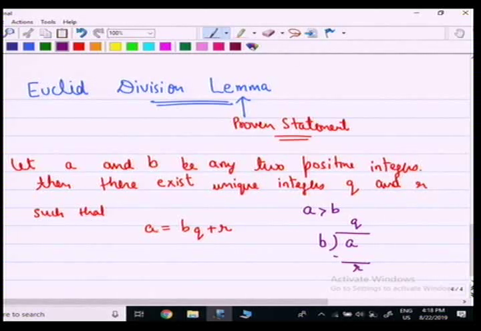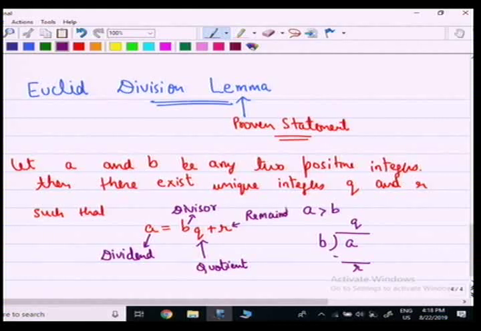When we write A is equal to BQ plus R, A is called the dividend, B is called the divisor, Q is called the quotient, and R is called the remainder.